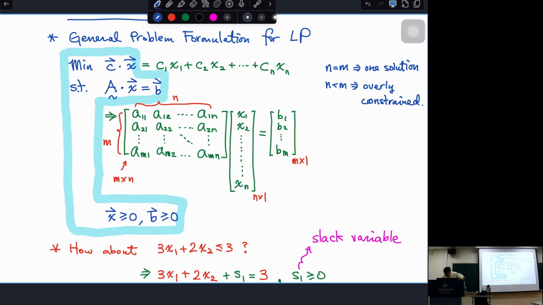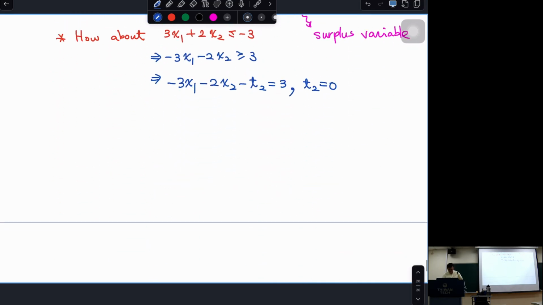Usually, when it's overly constrained, most likely there will be no solution. Too many rules. What does it mean? Let me give you one example. If I say x equals 2 and x equals 3, what does that mean?